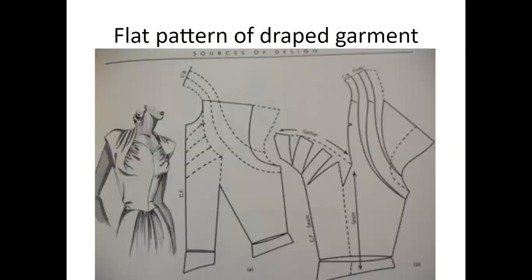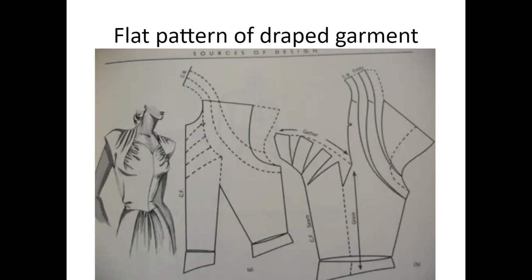So this is the idea. The original pattern for the dress on the left was draped, and then it was flat pattern. So it was laid out, patterned in paper, and it shows you how it lays out and what it looks like.